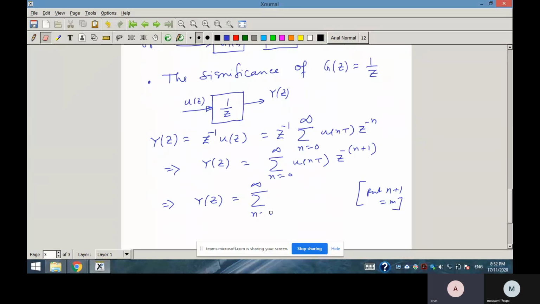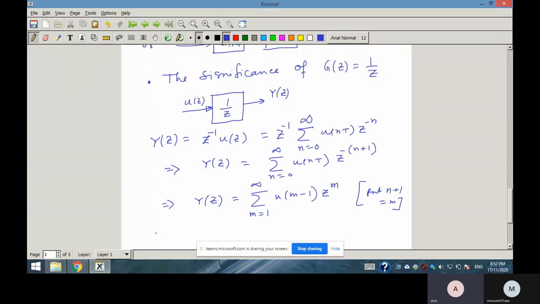So m equal to 1 to infinity, u of, now n equal to m minus 1, so u of m minus 1 into z to the power minus m.